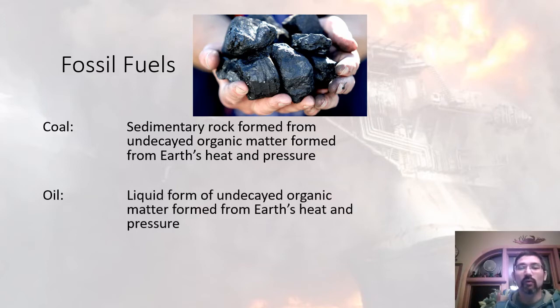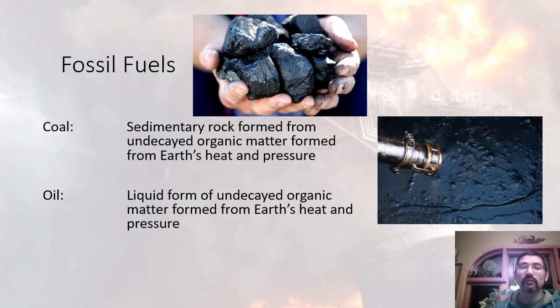Next, we've got oil, which I said is the liquid form of undecayed organic matter formed by the Earth's heat and pressure. This is a picture of crude oil, a thick black substance, and we take crude oil and transform it into lots of other products like gasoline. We can transform it into jet fuel, and diesel fuel for trains.